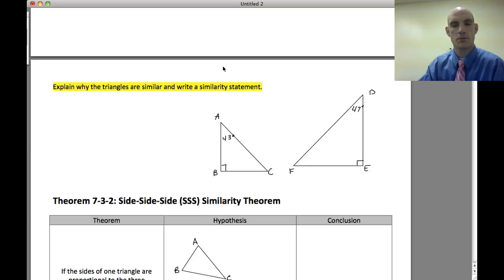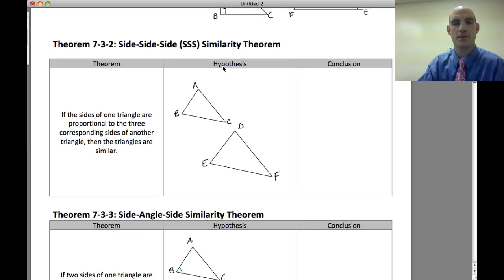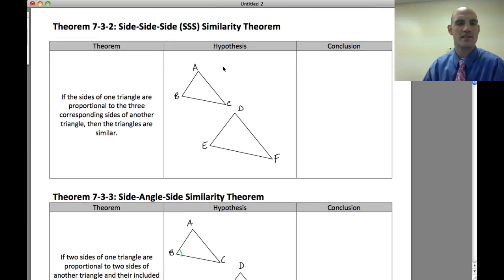We're going to move on to the side-side-side similarity theorem. The side-side-side similarity theorem says if the three sides of one triangle are proportional to the three corresponding sides of another triangle, then the triangles are similar. So what I'm going to say is AB over DE is equal to BC over EF is equal to CA over FD.